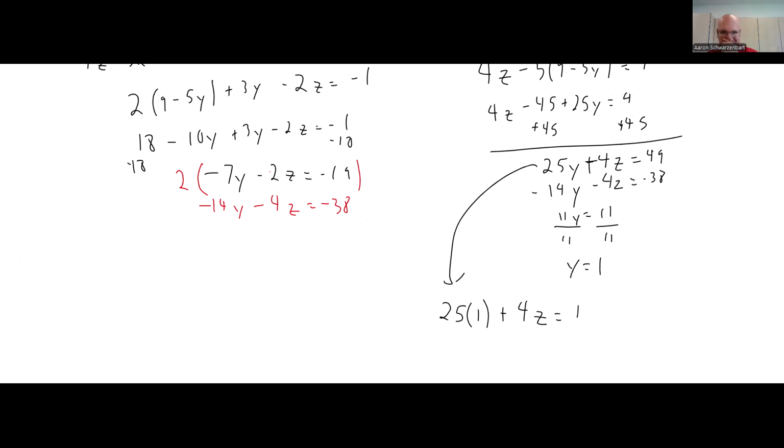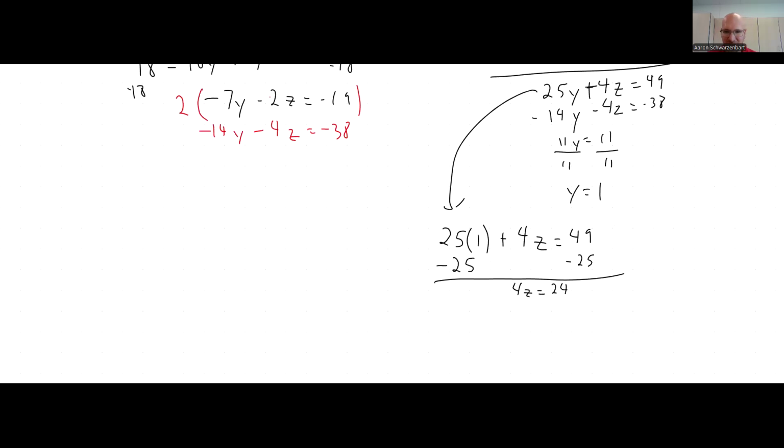So I'm substituting the 1 in for y. I'm choosing an equation with only two unknowns. I could have used the negative 7y minus 2z equals negative 19 as well, or the negative 14y minus 4z equals negative 38. I just thought this one was easier. The 25 times 1 is 25, so I'm going to subtract 25 from both sides. I get 4z equals 24. And when I divide that by 4, I get z equals 6.